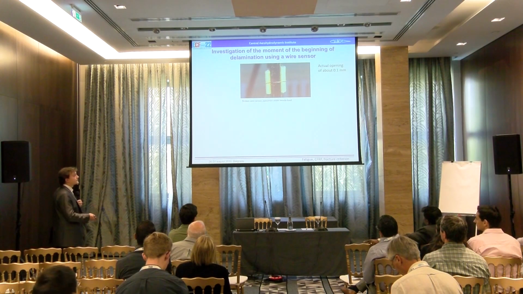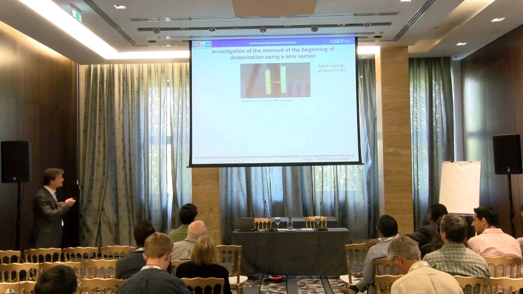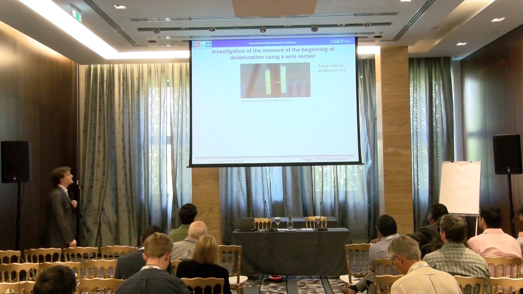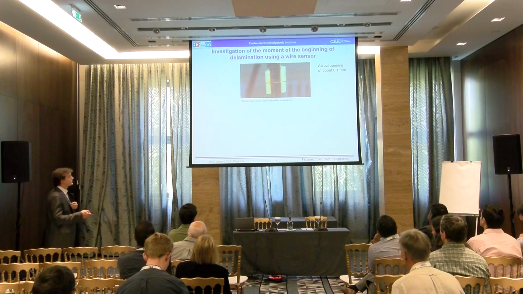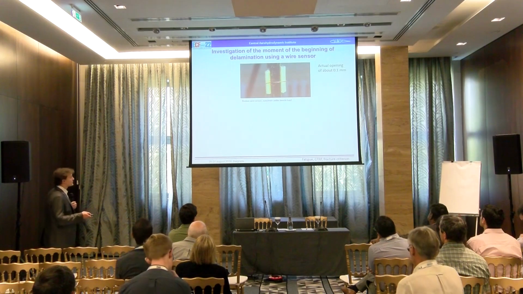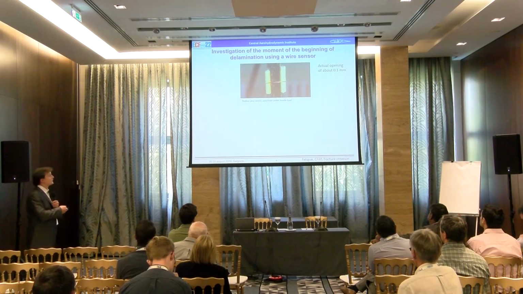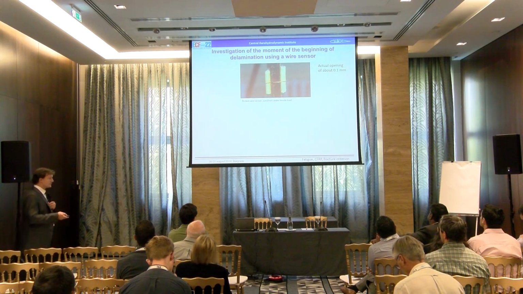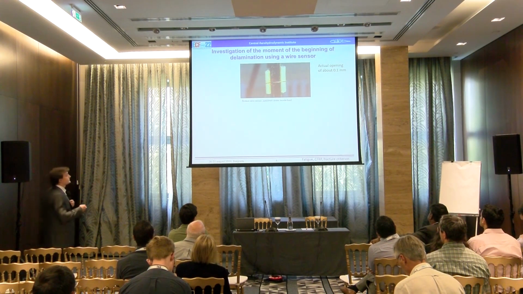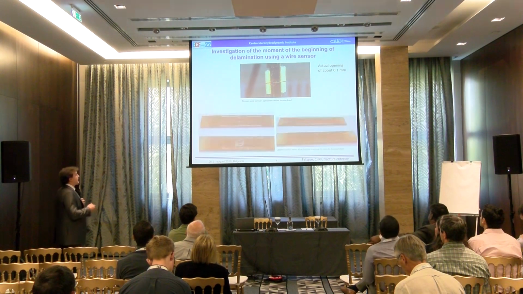When delamination at its edge reached an actual opening of about 0.1 millimeter, the wire sensor broke, and the machine was stopped, and the specimen was put under ultrasonic non-destructive testing.